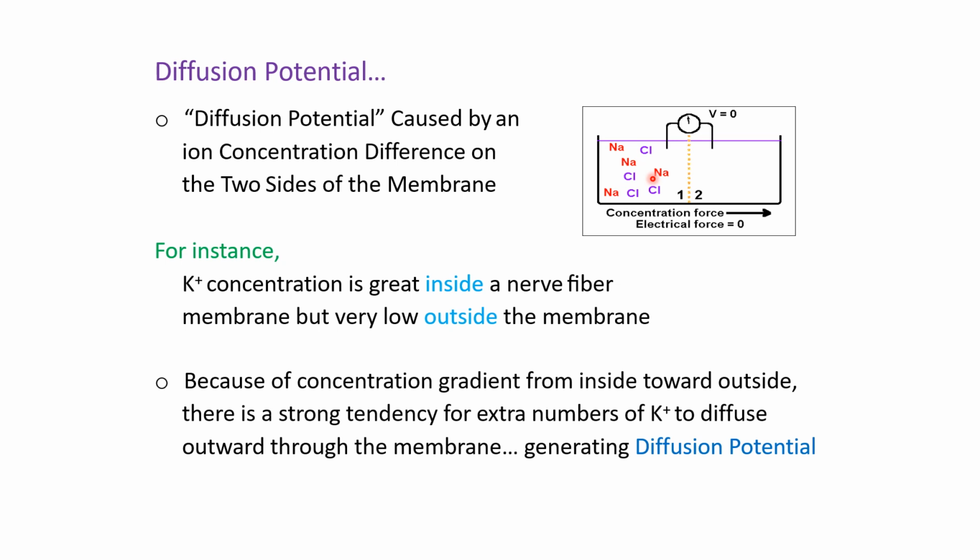So from high to low, the movement generally takes place. So that is the concentration gradient. The ions diffuse from inside to outside through the membrane, producing a diffusion potential. Okay, so this is the one concept, diffusion potential, because of ion concentration difference on two sides of the membrane and movement of ions across the concentration gradient.